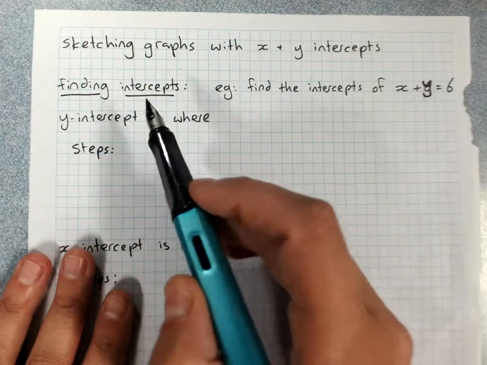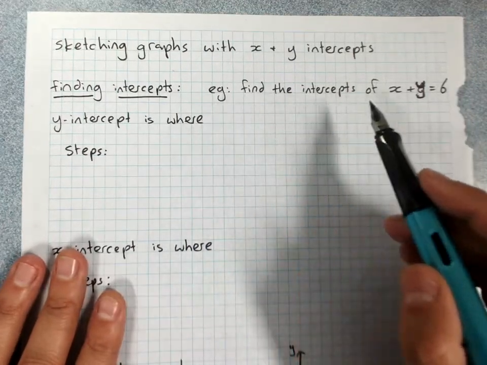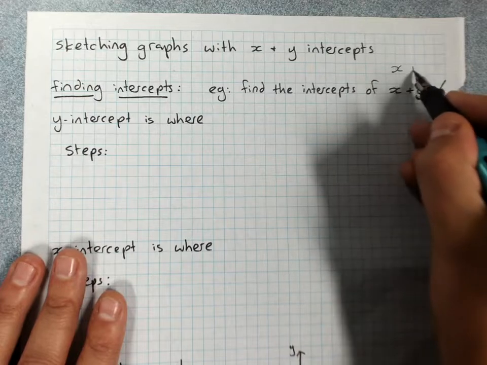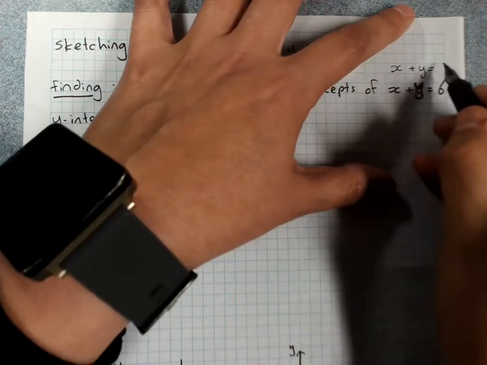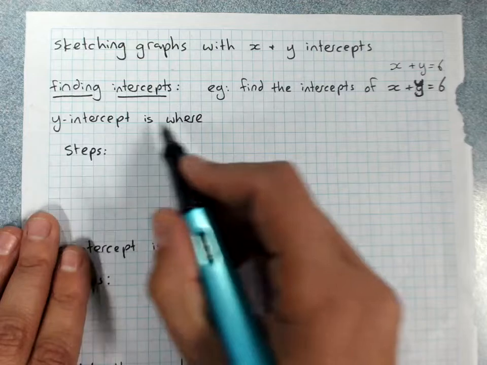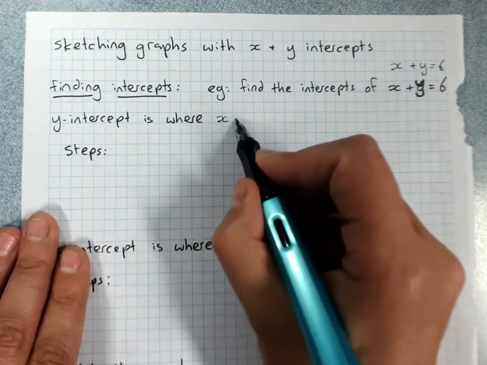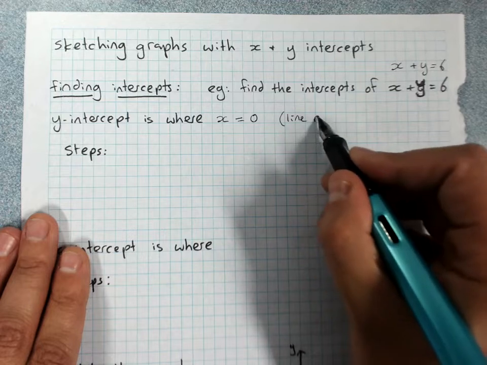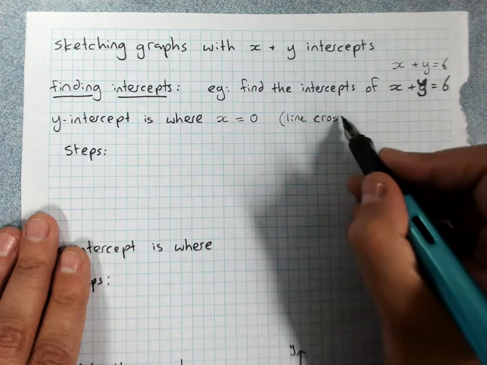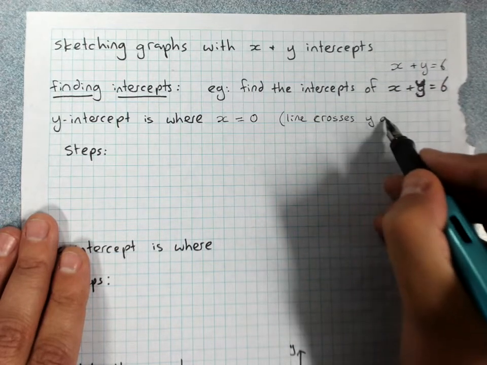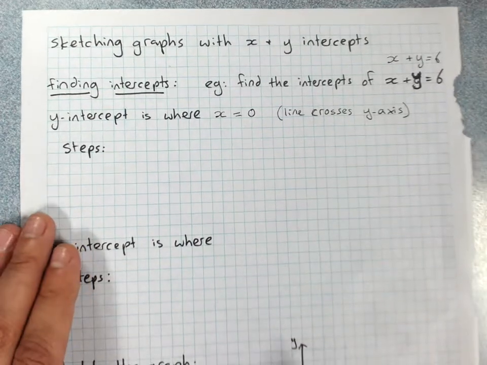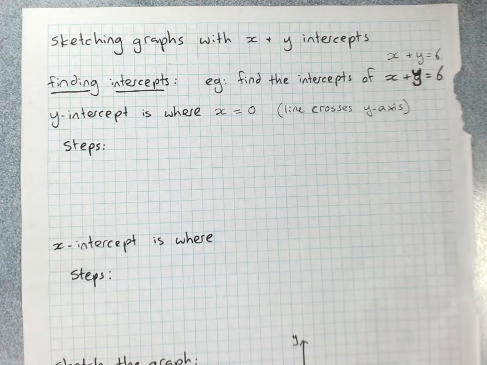So to find the intercepts, for example, find the intercepts of x plus y equals 6. Sorry, that was really messy. The y-intercept is where x equals 0 and the line crosses the y-axis. And we find it with the rule.